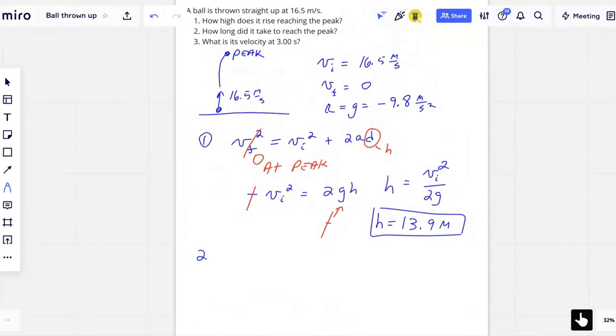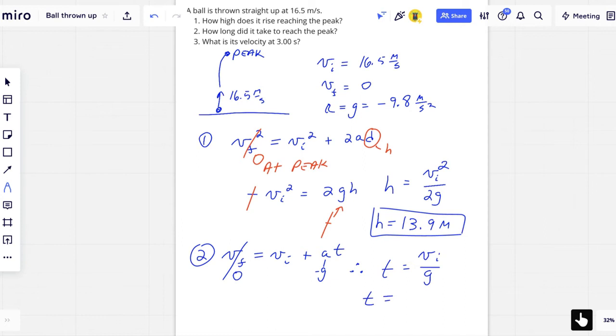Okay, number 2 wants to know how long it took to get there. Well, v final equals v initial plus at. We know that v final is 0. This a is going to be gravity, which is negative. So when we do all this out, we're going to end up with t equal to v initial divided by gravity.